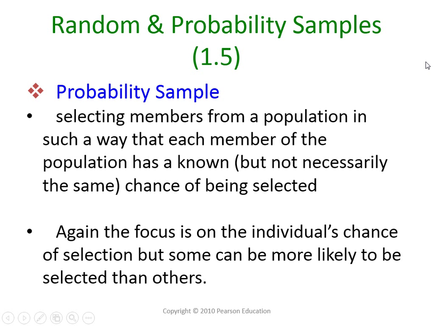The probability is a number we can calculate for each person, but it's not consistent throughout. Questions there? Again, the focus is on the individual's chance of selection, but some may be more likely to be selected than others, because those people in 5 classes have a better chance of getting picked than those who are only in 1 class.